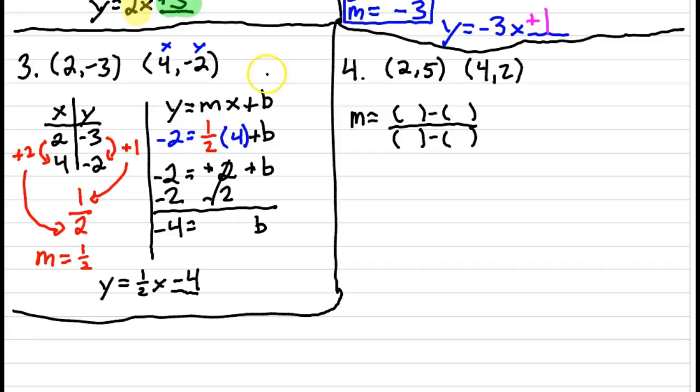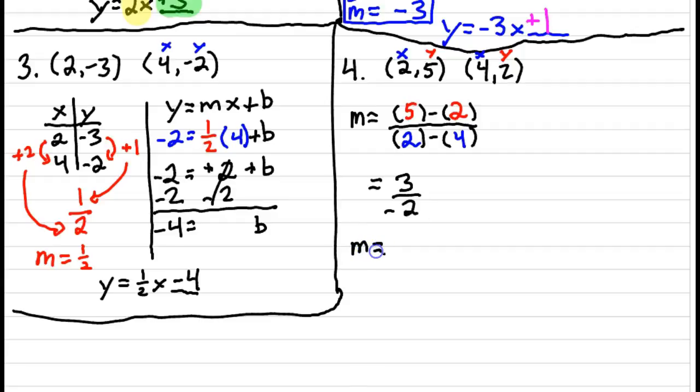Okay. Putting the y's on top. 5 and 2. And then 2 and 4 on the bottom. 5 minus 2 is 3. 2 minus 4 is -2.